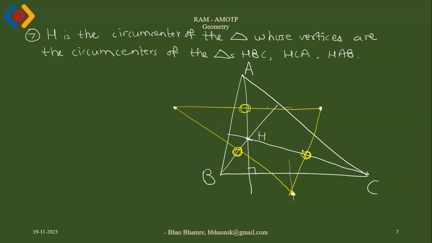If I draw the midpoints of AH, BH, CH, then I am going to get the circumcenters of those triangles. So the proof is done. I think I spoke a lot. I hope you got it. These configurations are really very small, but I feel that they are really interesting also. Going ahead.